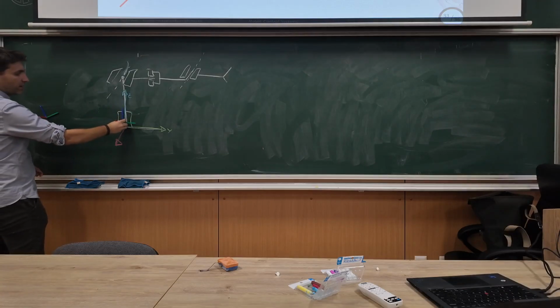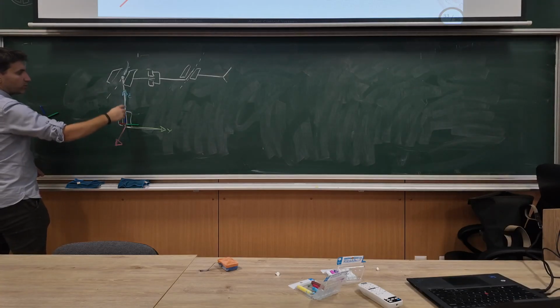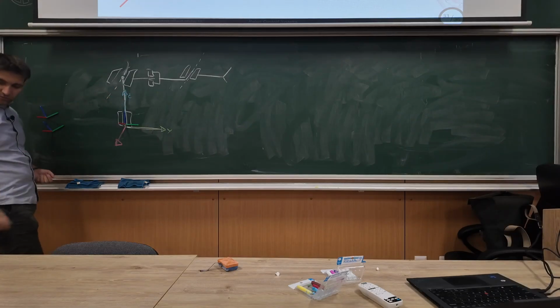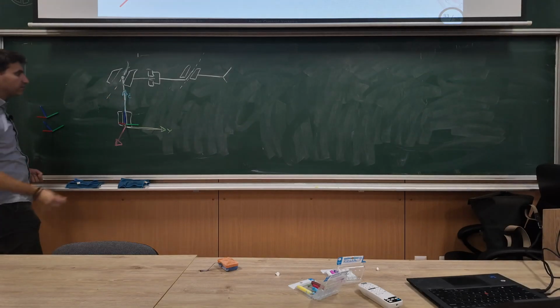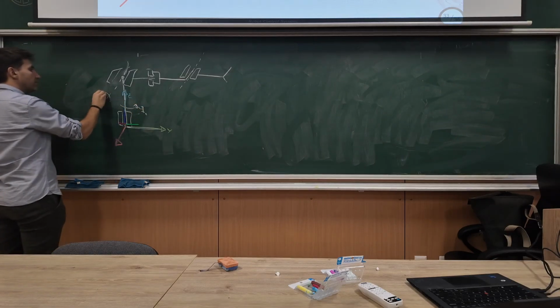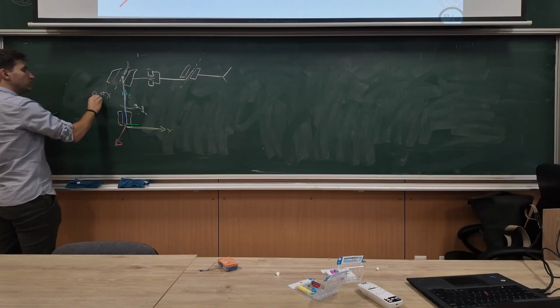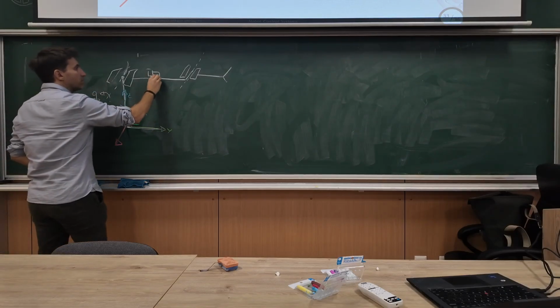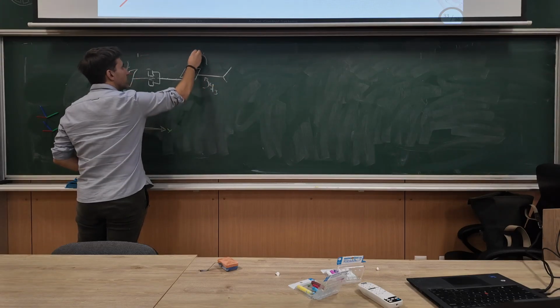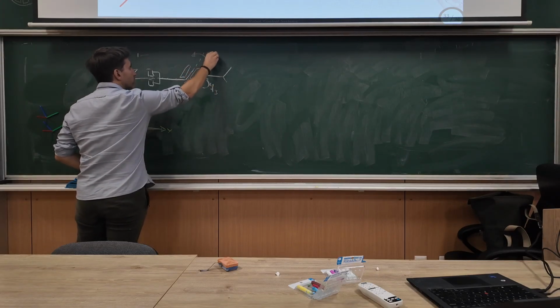So I would have another one here, but this one would be attached to this link, so it would rotate with the joint. I forgot to write down the joint Q1, Q2, Q3, Q4.